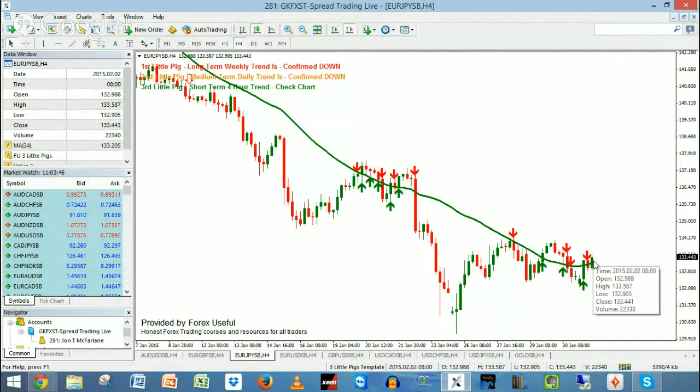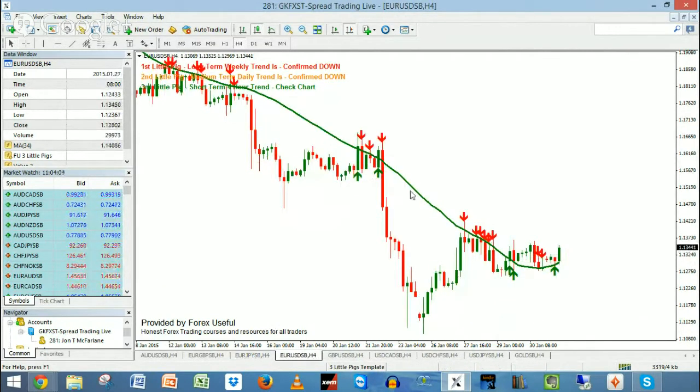So a little bit choppy, but we're still taking those signals. We don't know which is the one that's going to run. As long as we keep getting valid signals to sell, if we're not already in the market, then we'll take those trades as normal.